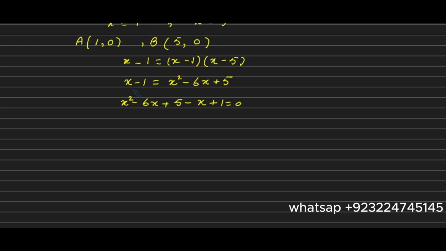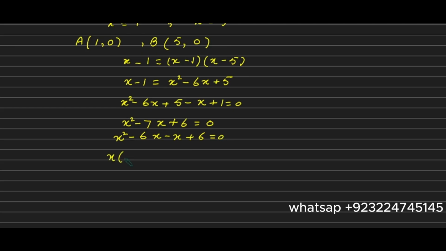This x minus 1, we bring it to the right side and the signs are changed. Now we get x squared minus 7x plus 5 plus 1 will be 6. Now we solve by factorization, we get x squared minus 6x minus x plus 6.